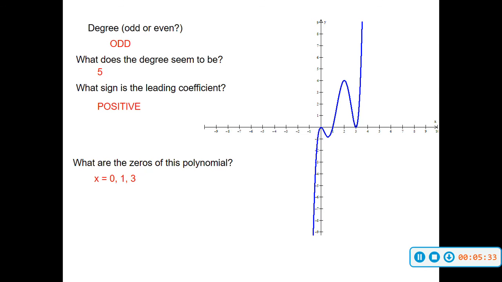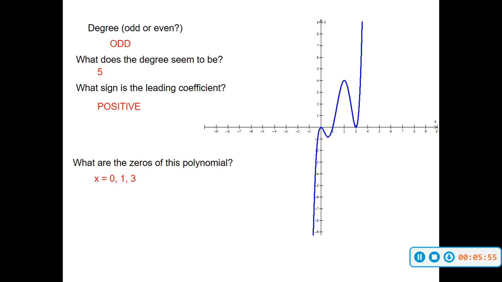Not true for this one. What I want you to see for this is take a look at where it touches the x-axis at 0. Right there, if I'm tracing the graph from the left, I get to 0, it hits 0, it bounces off and turns around. When it does that, that is a multiple 0.